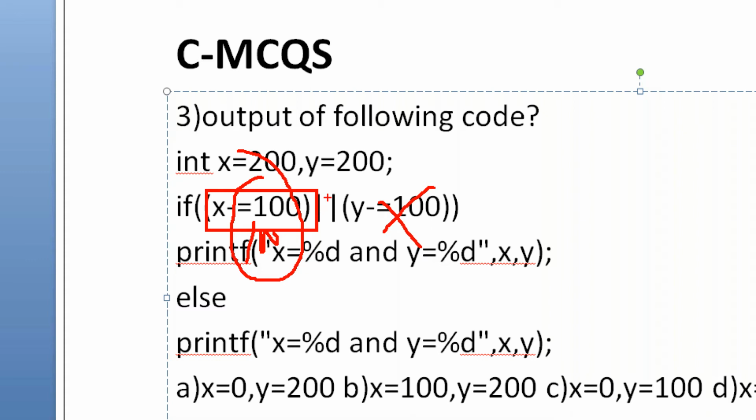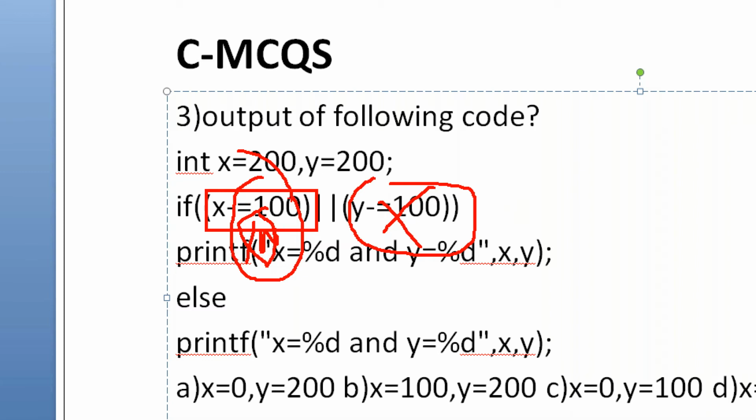So if you change the question, like changing AND with OR, what happens? If x is 200, then 200 minus 100 is 100. Every non-zero is true, every zero is false. The first one is true, and the second may be anything; we don't care whether it is true or false.